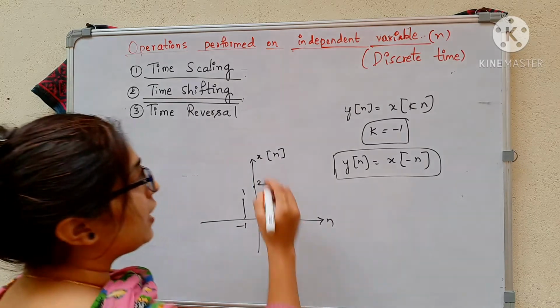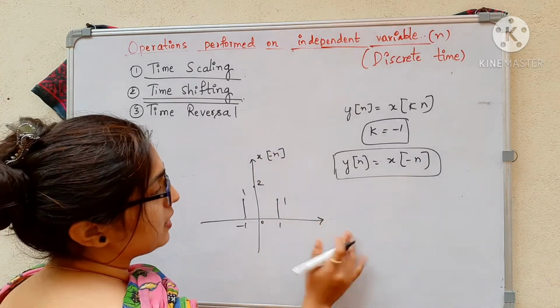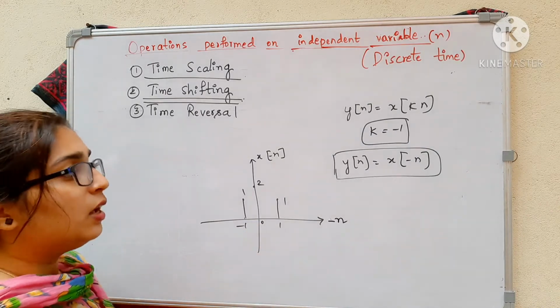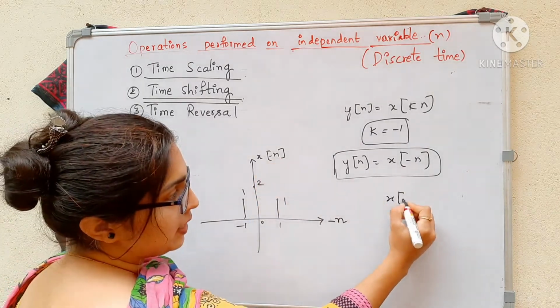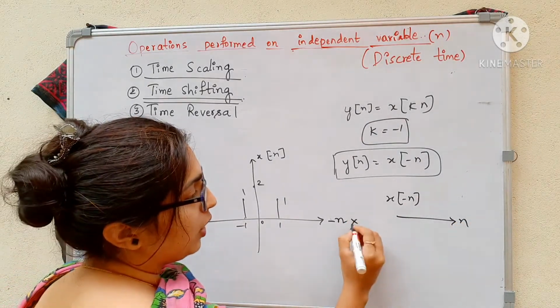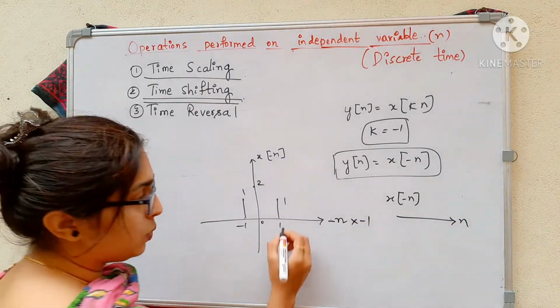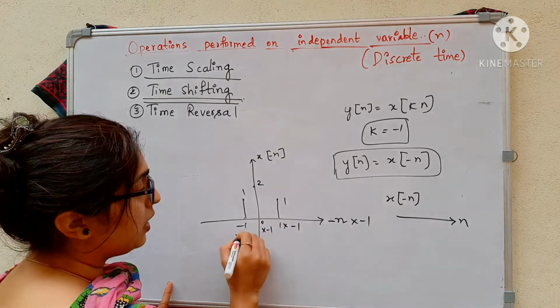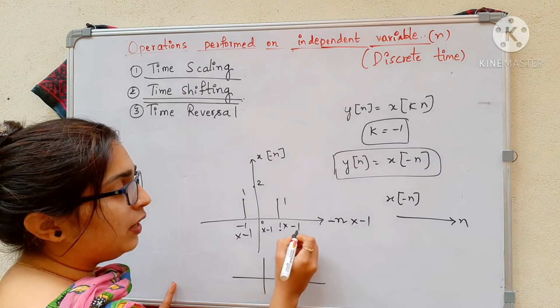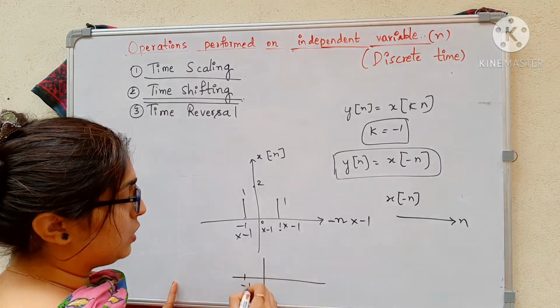Now if I consider minus n, with respect to minus n it is the same signal. But now I want x of minus n, that is with respect to n. So to get n, I will multiply it with minus 1. Whatever the value was at 1, it will now be at 1 into minus 1, that is minus 1.